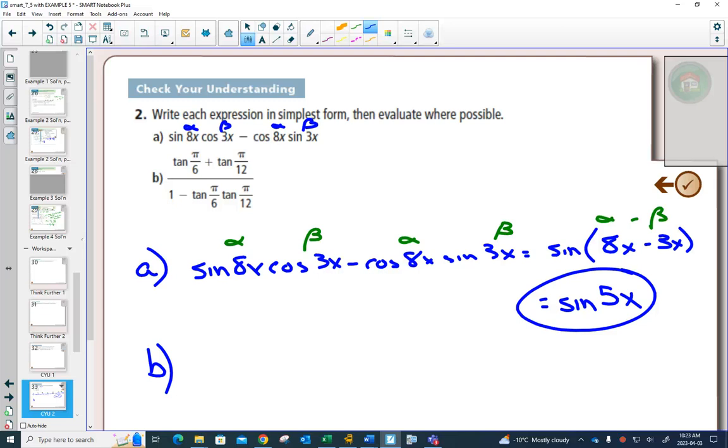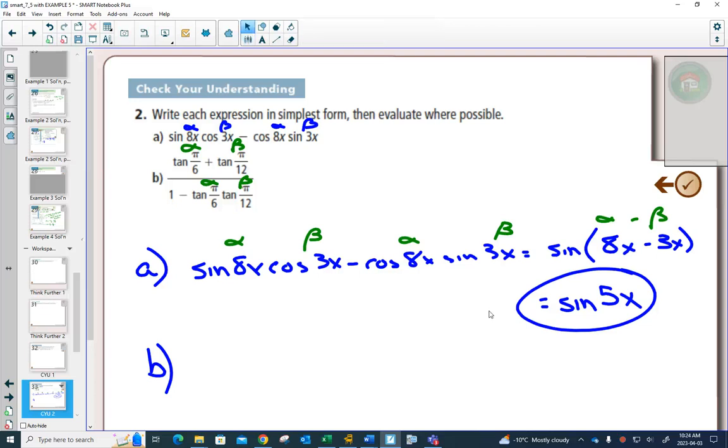Does that match up perfectly with any one of these? Tan plus tan over 1 minus tan tan? Yes. So we look at this, I make this my alpha, and this my beta, and this alpha, and this beta. That matches up perfectly with tan of alpha plus beta.